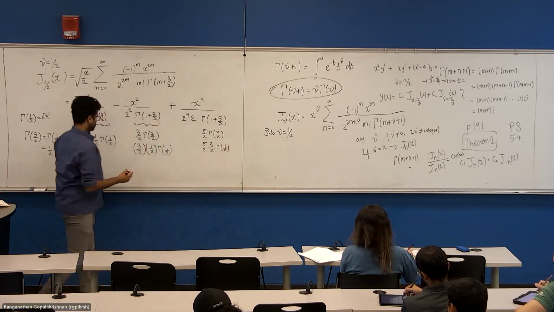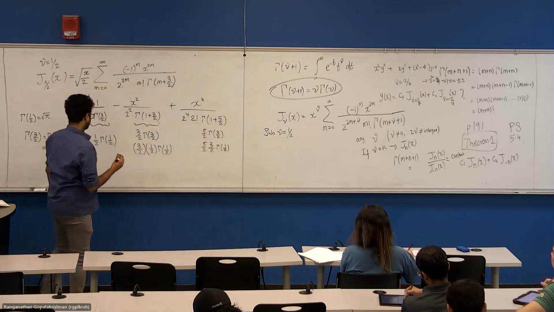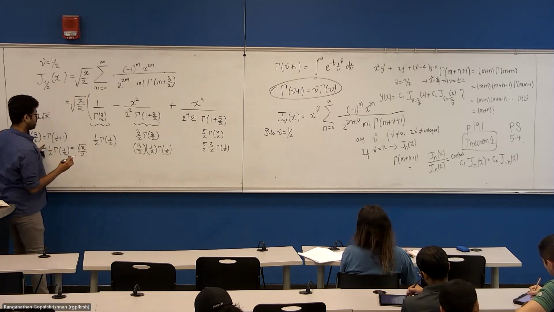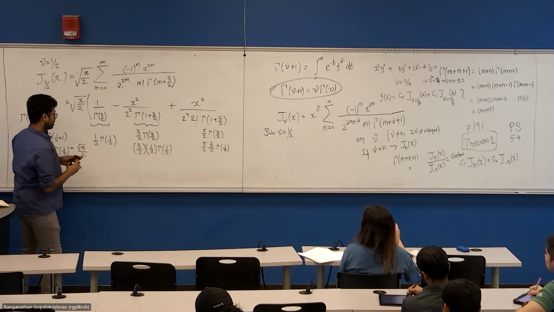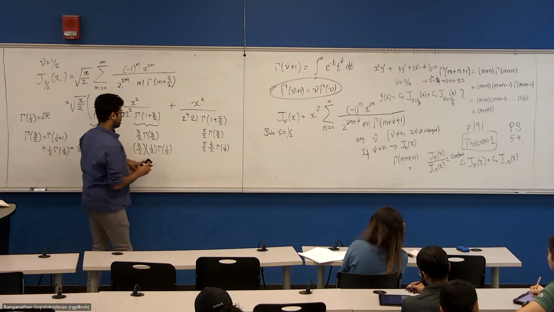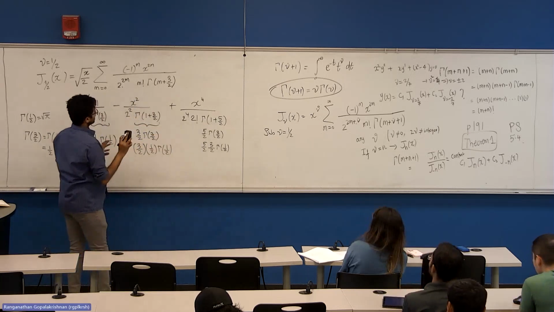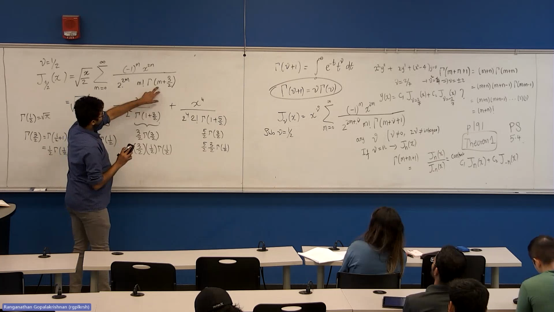Is that correct? No, this is half, sorry. This is m equals 2.